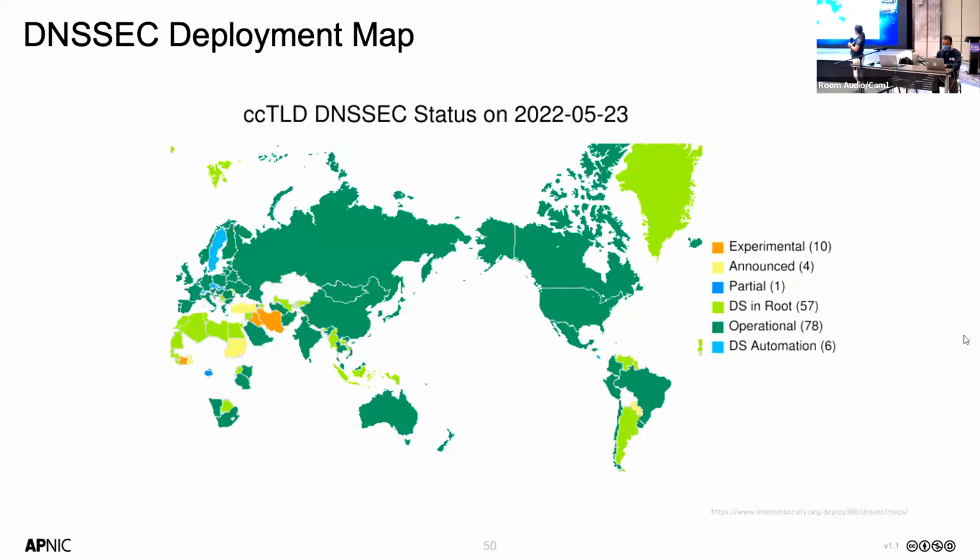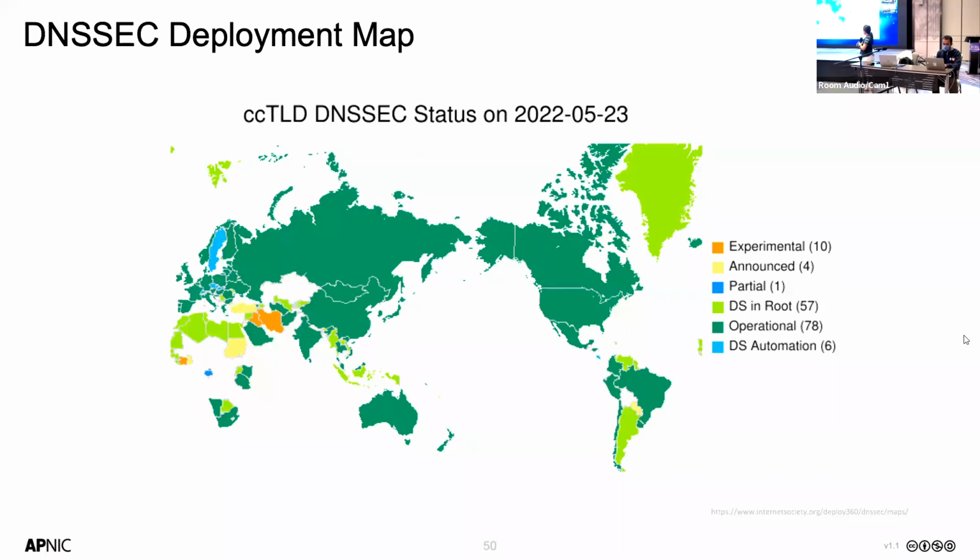So far, the green ones are operational, meaning those ccTLDs are DNSSEC signed, which makes it easy for you if you have, let's say, a .th or a .au or a .sg subdomain. If the TLD is signed, it makes it easier for you to also be able to sign your subdomains.